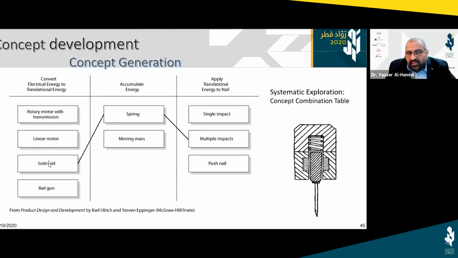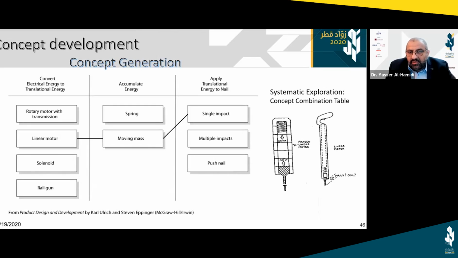Another example could be solenoid with a spring with multiple impacts. Also, you will come up with such a sketch. Or even linear motor instead of rotary motor with moving mass instead of spring, and then use single impact. Also, you will come up with different concept solutions. You can imagine how many concept solutions we have. So here, how many combinations?